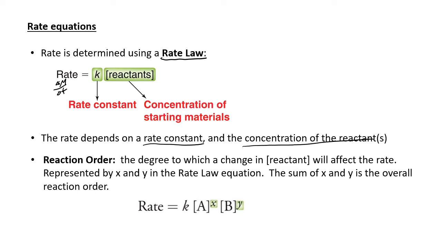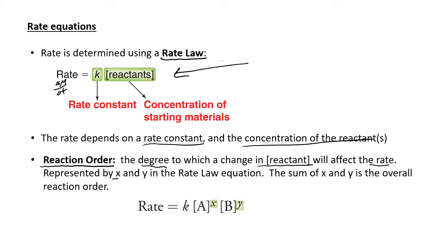So to simply understand how concentration affects rate, we can look at the reaction order, which we get by looking at the rate law. So the reaction order, by definition, is the degree to which the reactant concentration can affect the rate.